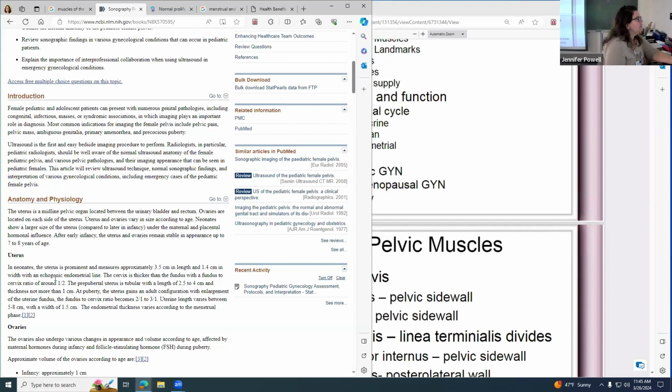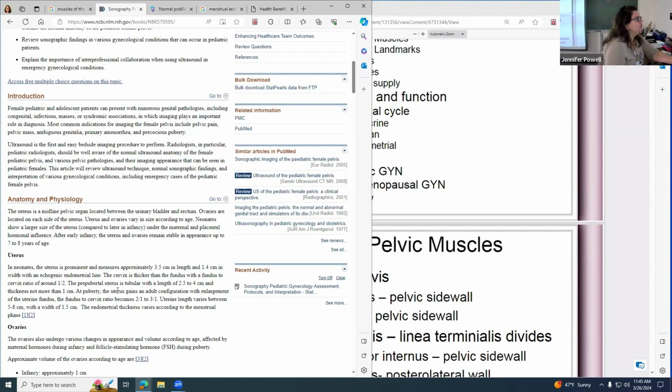So it says in neonates, the uterus is prominent, measuring 3.5 centimeters in length, 1.4 centimeters in width, echogenic endometrium line. Cervix is thicker than the fundus, with the fundus to cervix ratio being about 1:2. So that's what I was trying to get to.